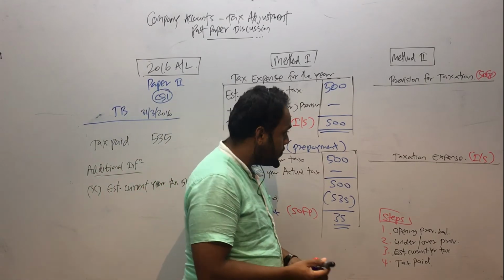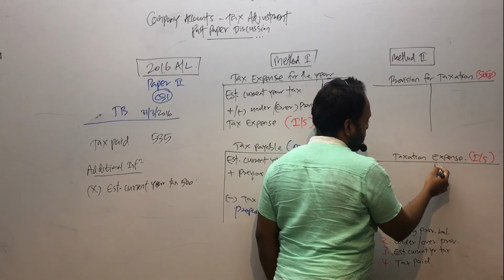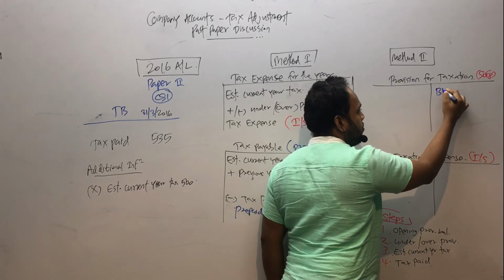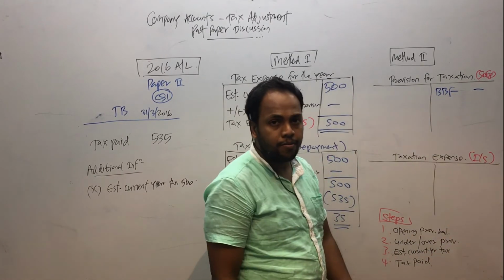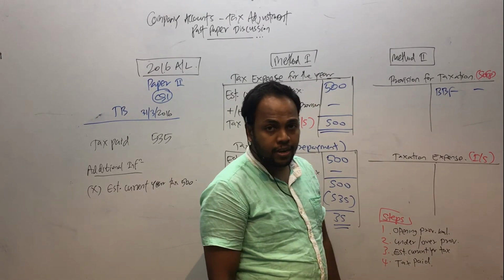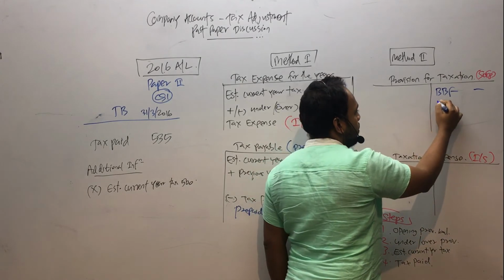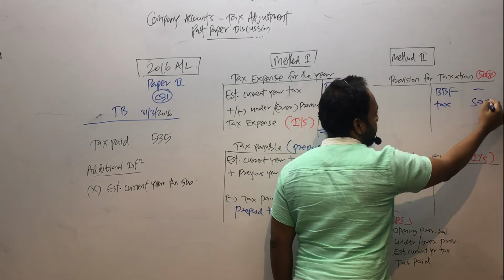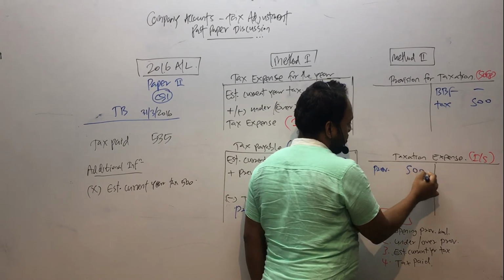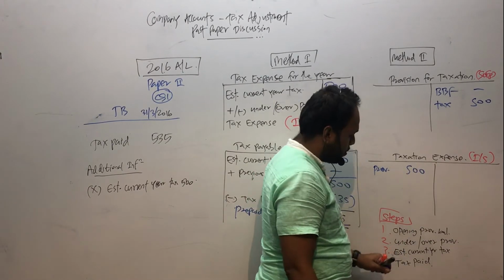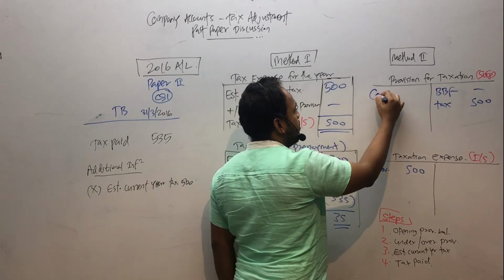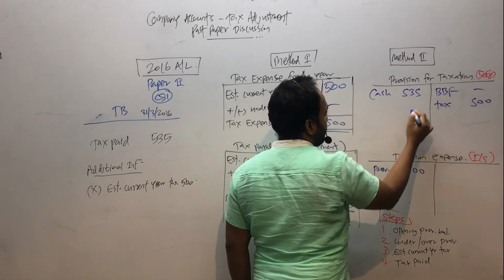Right. So we'll put this into the ledger account. Opening balance is 0. There is no opening balance, no under or over provision, but you have the current year tax, 500, tax expense 500, provision 500, that is the third step. Then you have the last step, tax paid, cash 535.